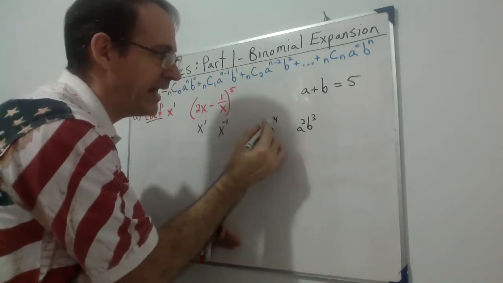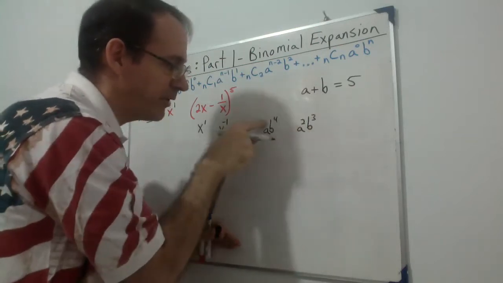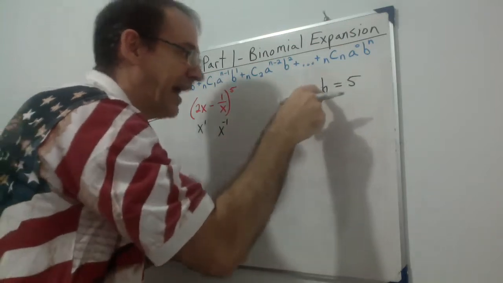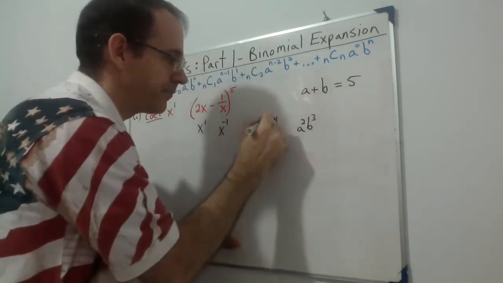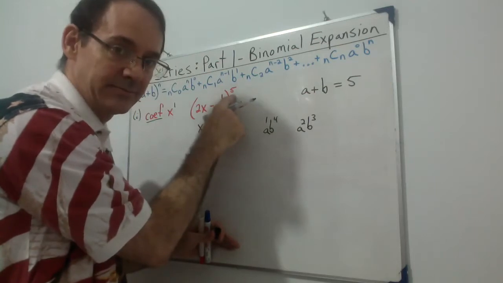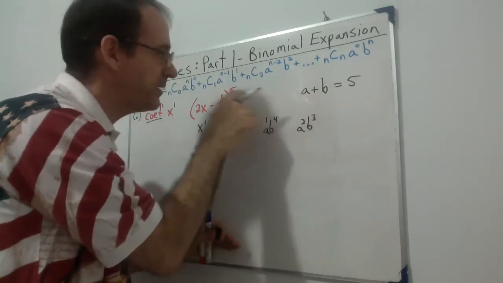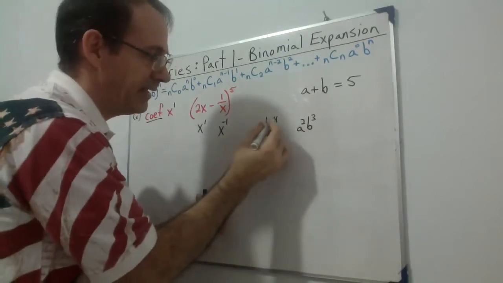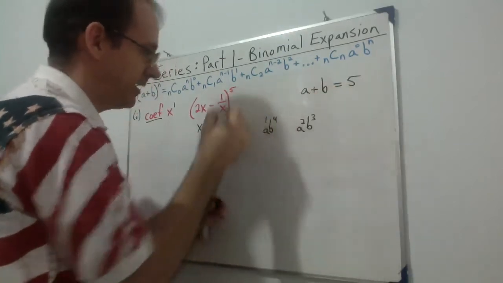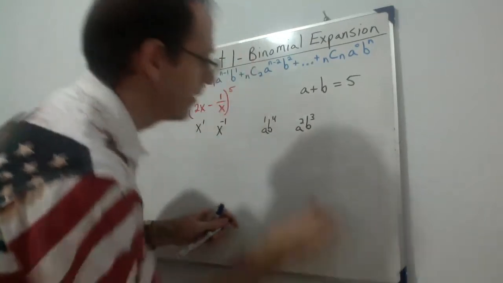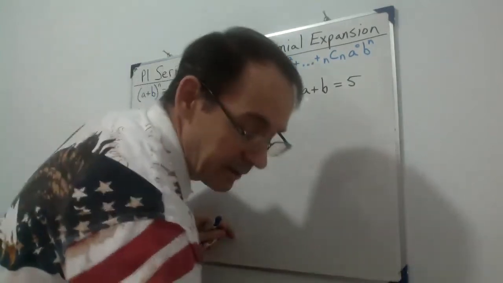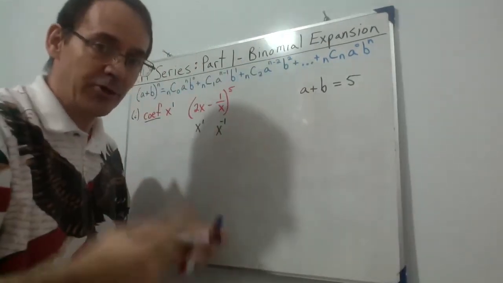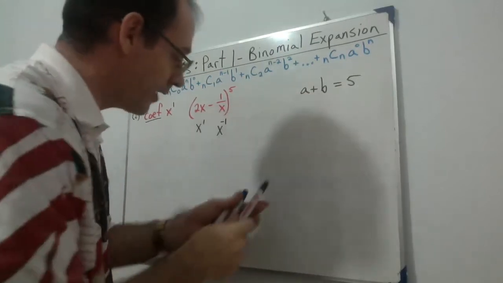The combination of the exponent from the a plus the exponent from the b adds up to n. So a is simply representing the exponent. Exponent of a, exponent of b has to add up to n. That's one equation. So we have two variables, two unknowns, we need two equations.